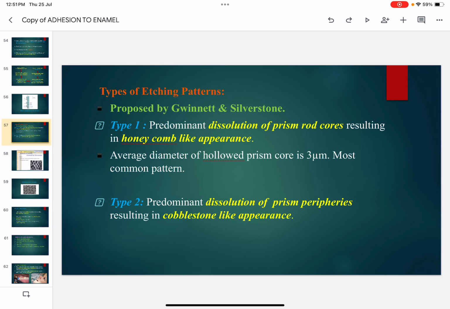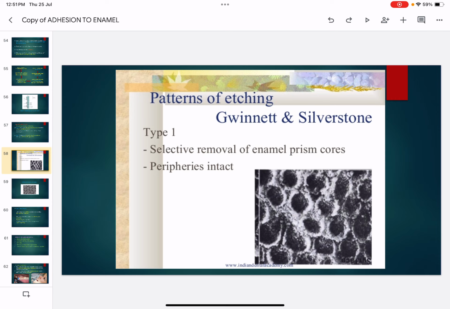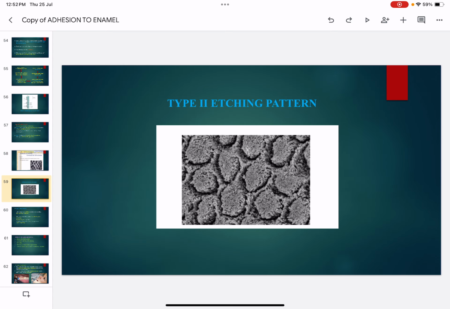What happens in type 1 is that there is selective removal of enamel prism cores, but the prism peripheries remain intact, thus giving the appearance of a honeycomb.